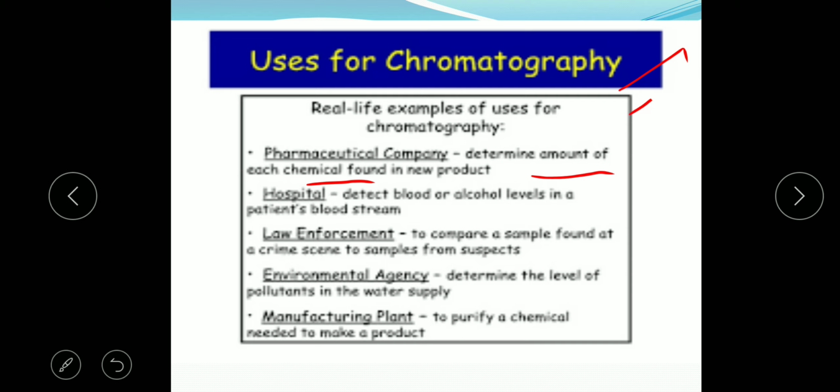And law enforcement sometimes uses chromatography to compare a sample found at a crime scene to the samples from the suspect. Then environmental agencies use chromatography to know the level of pollutants in the water supply, and manufacturing plants use it to purify chemicals needed to make a product.